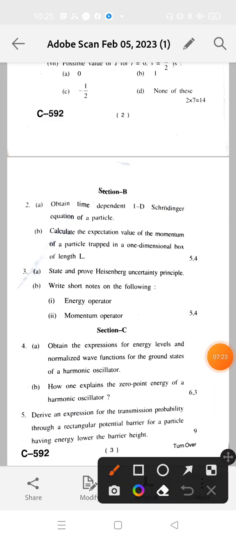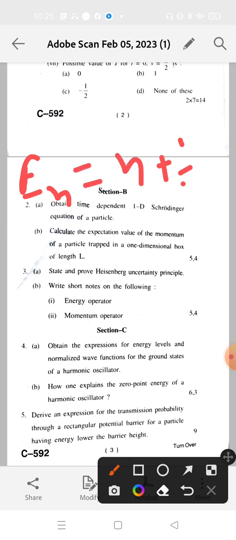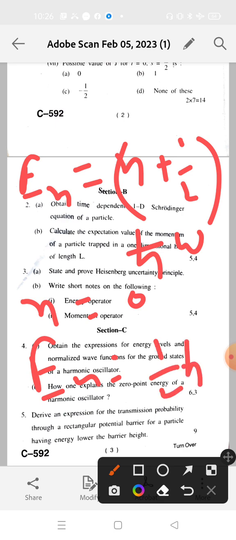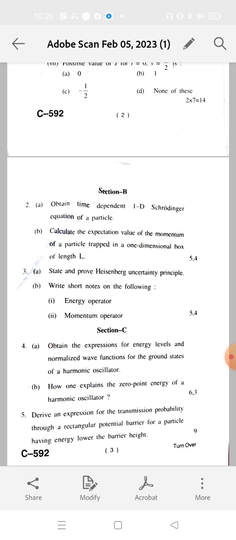So we have to derive the expression for the nth energy level, which is a quantum mechanical concept, and energy is given as n plus half h cross omega. So for a ground state, n is equal to 0, En is equal to half h cross omega. We have to derive this expression.